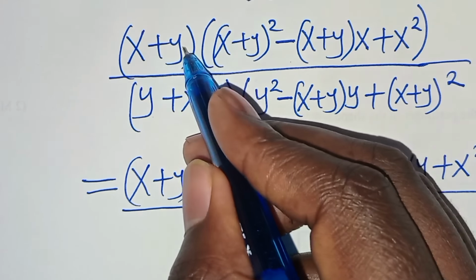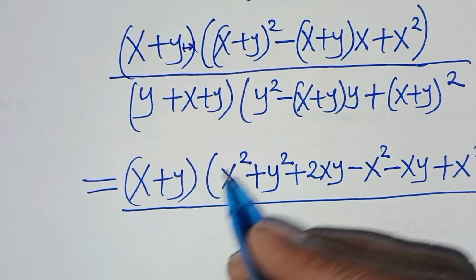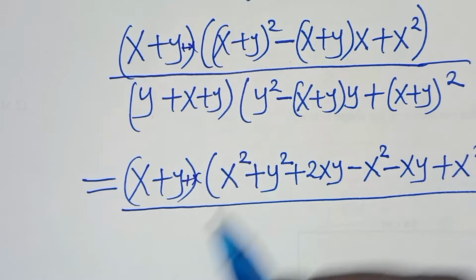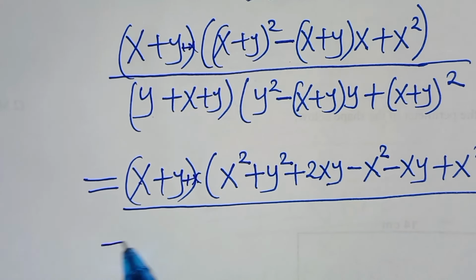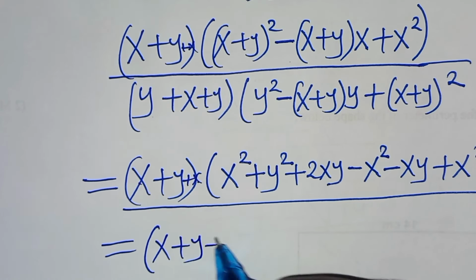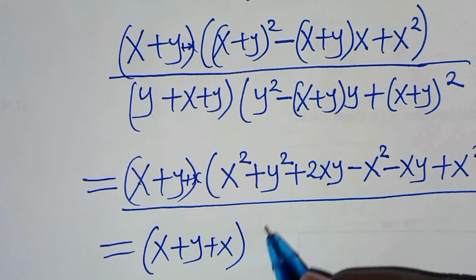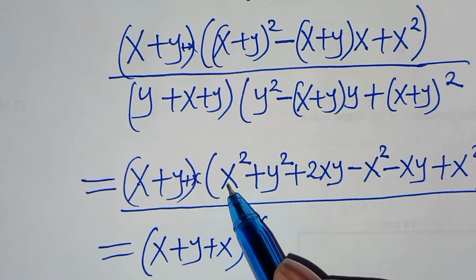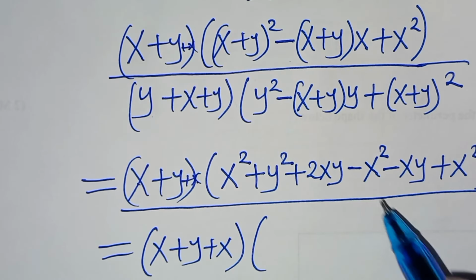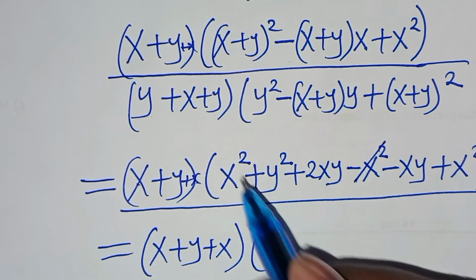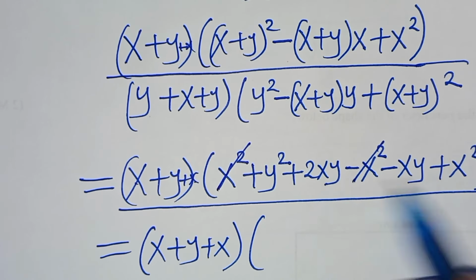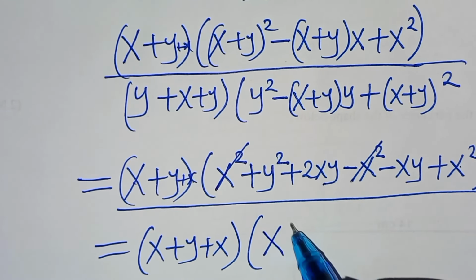Remember here there is x plus x. Sorry, we have x here. So we have x plus x. So this is the same thing as x plus y plus x. And then we have x squared minus x squared. So this simplifies. So we remain with x squared.